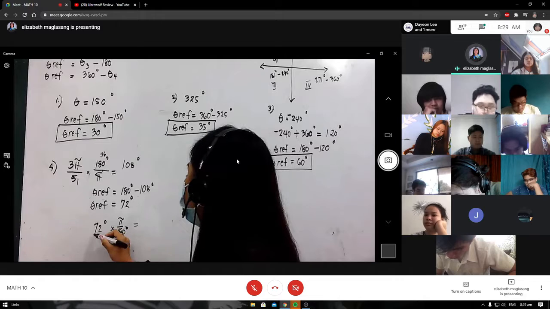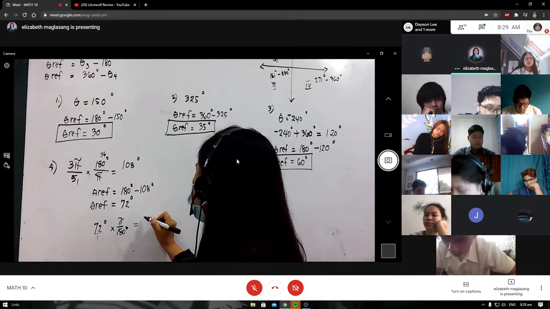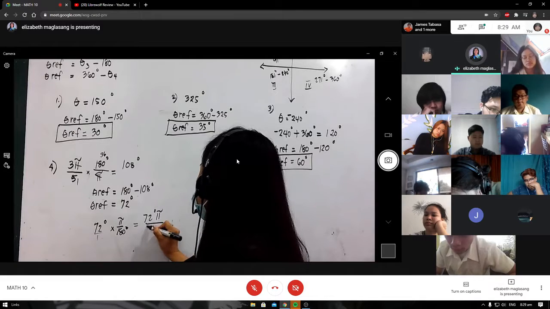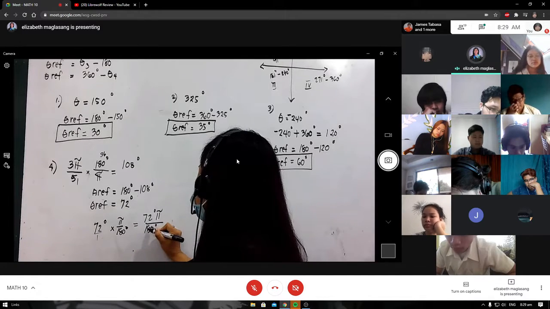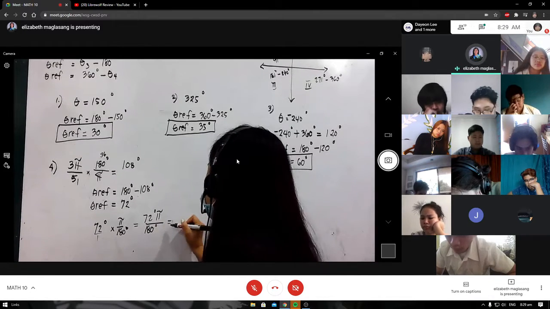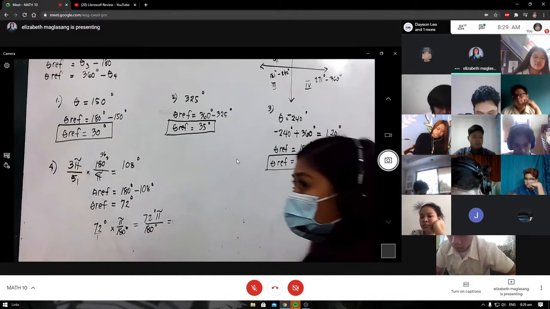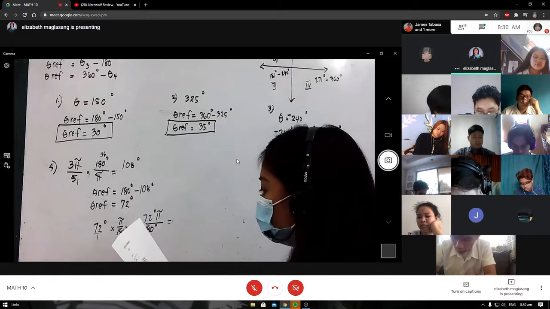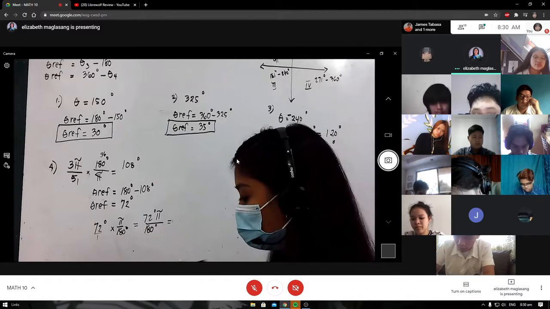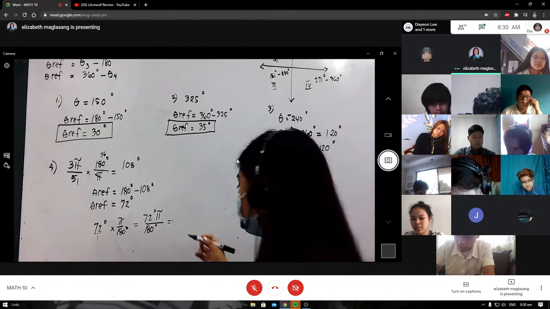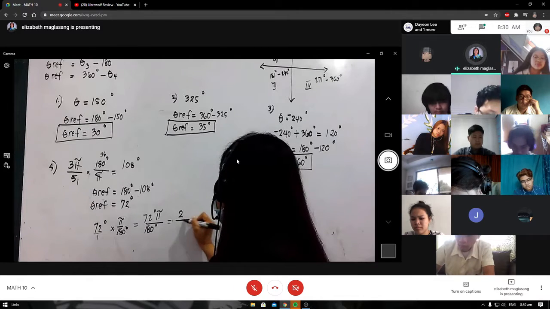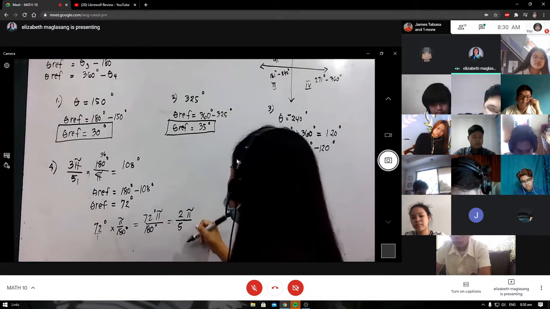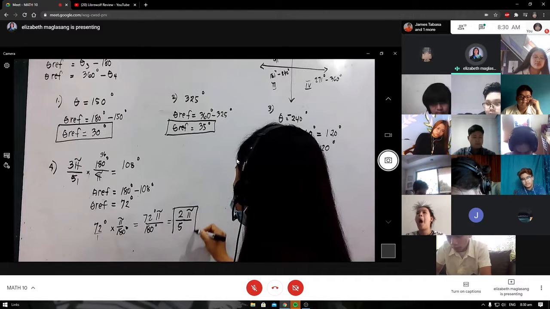So this is 72 degrees over 1 times pi over 180 degrees. 72 divided by 180 is 2 over 5. Then we have the radian. So this is your reference angle in radian.